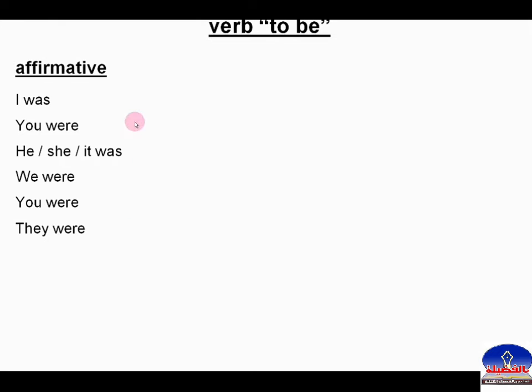So we can see, for the first time, the verb to be is the only verb where the form is different for each subject. Example. So we say I was and he was, and all the others we say were. Okay, so that is very important.